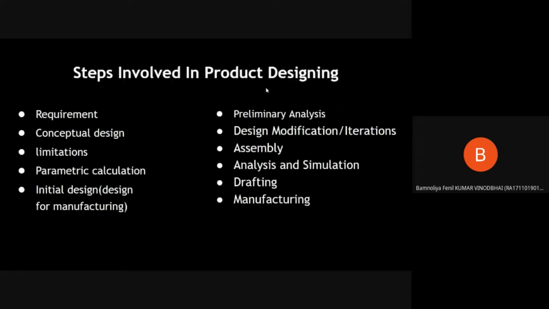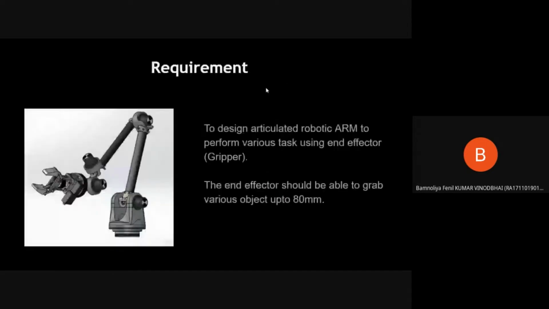To design any product, you first need to know the requirements of the product, like what the needs in the market are and what problem it is going to solve. From that you will get the purpose of your product.